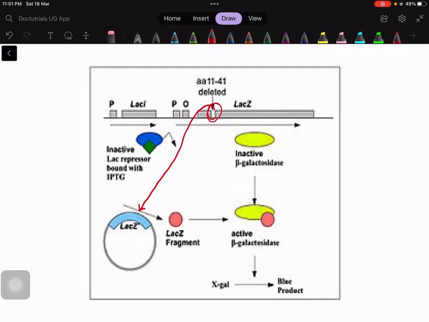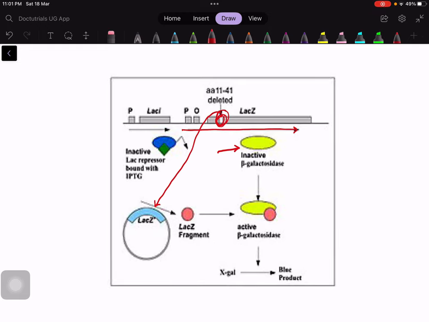Now when the regular transcription for this modified Lac Z gene takes place, it is missing a sequence of nucleotides, and therefore a sequence of amino acids in the transcribed protein. This is therefore the inactive beta galactosidase, because a small part of the functional domain is missing.